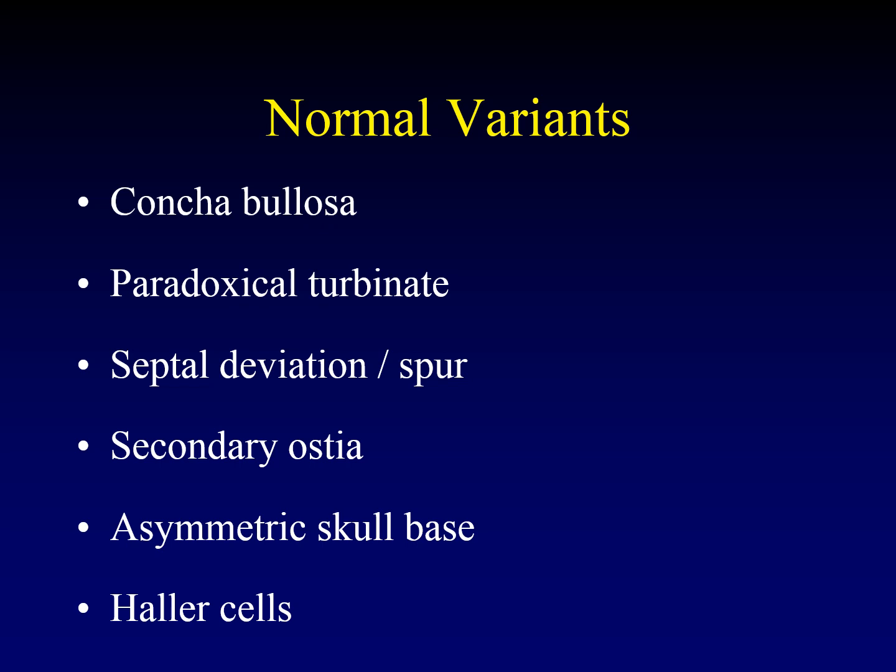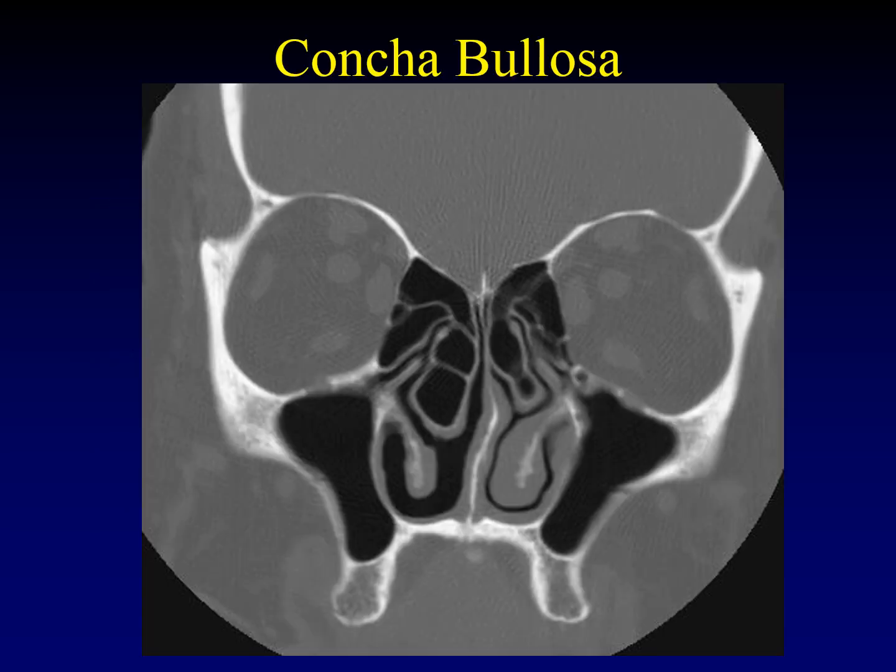So the normal variants that we're going to talk about are concha bullosa, paradoxical turbinates, septal deviations, and whenever we talk about the septal deviation, we always talk about spur, even if it's just to say there's no spur. It's got to be part of that conversation. Secondary ostia, asymmetric anterior skull base, and Haller cells and its relatives, the Onodi cells and agger nasi cells.